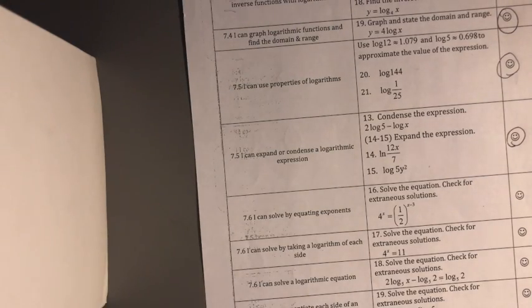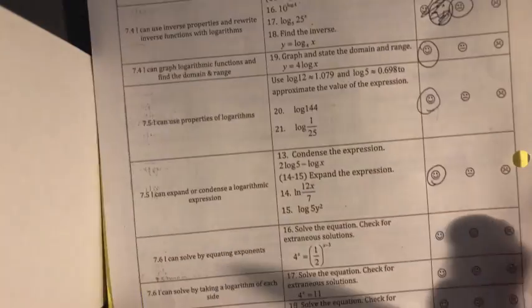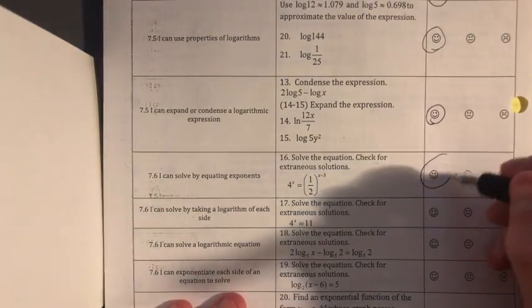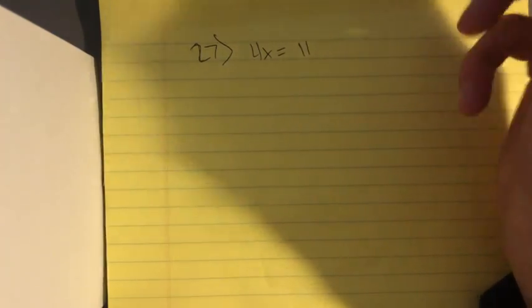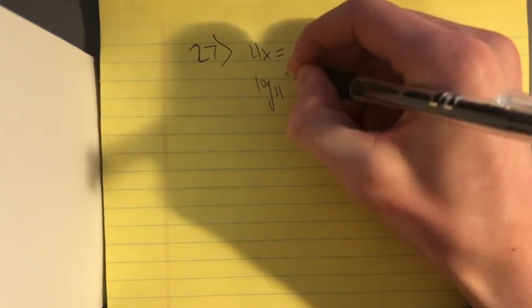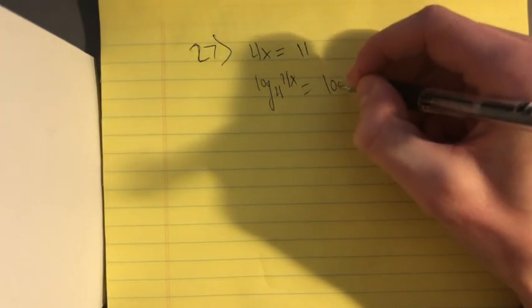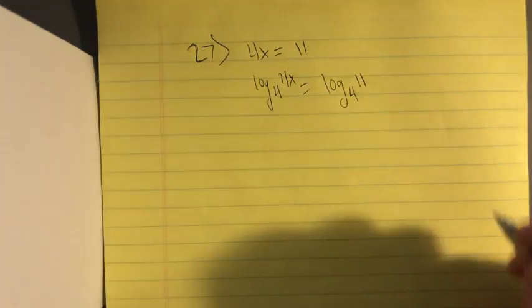So now we're on to number 27, which is a new section, so we'll give that a smiley face. We have to solve the equation by taking a logarithm of each side, and we have to check for extraneous solutions. So we've got 4^x equals 11. So we've got log base 4 of 4^x equals log base 4 of 11.